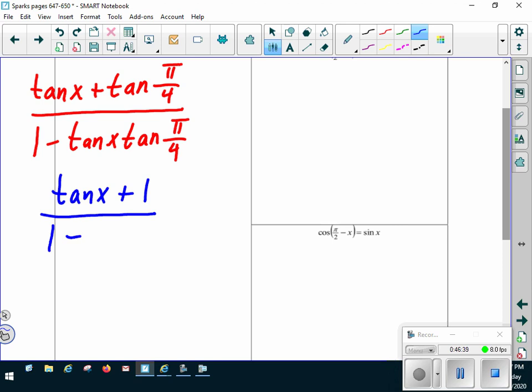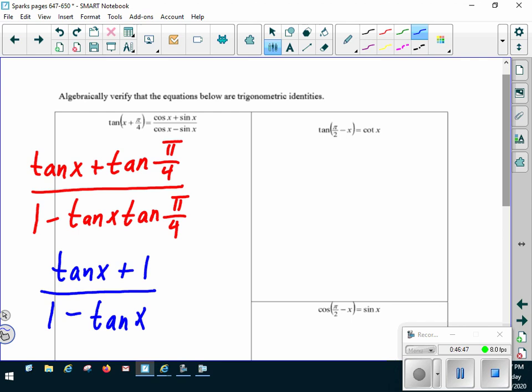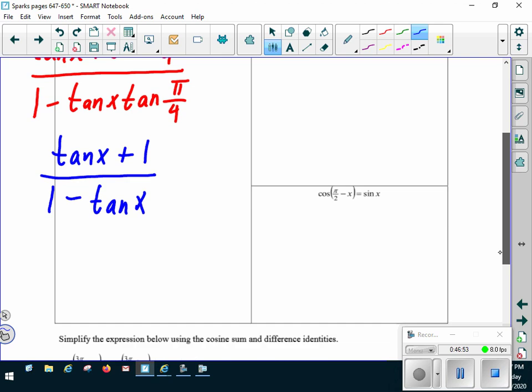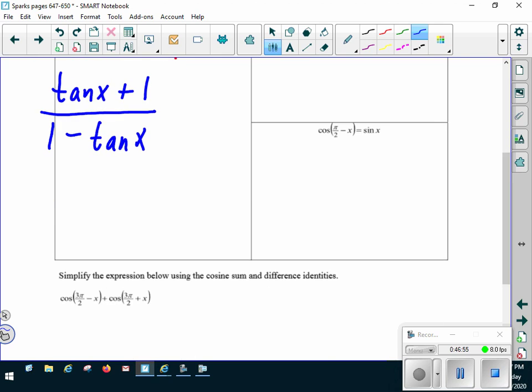Well, okay. Now I got to make that look like this, right? Well, I guarantee you one thing. I got to change everything to sines and cosines. So let's change everything to sines and cosines.